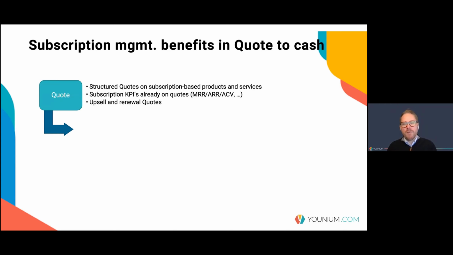Really being able to put in, okay, is this a month-to-month contract, or is it a 12-month contract? How do we do renewals? And seeing what is the MRR from this quote. So really get an instant overview of how it would affect your business with the typical KPIs.